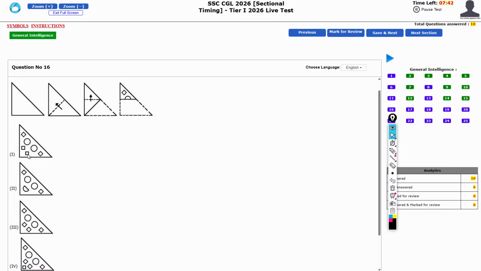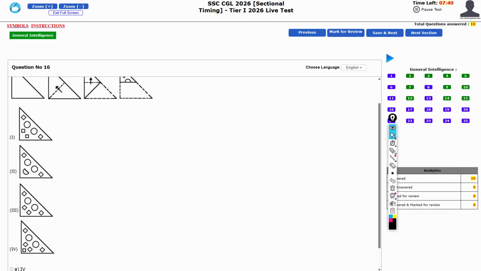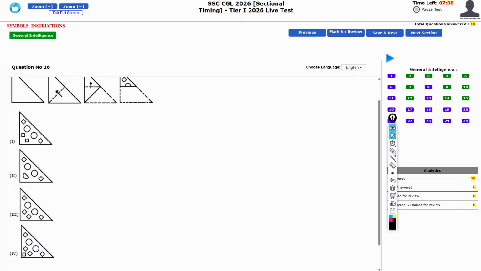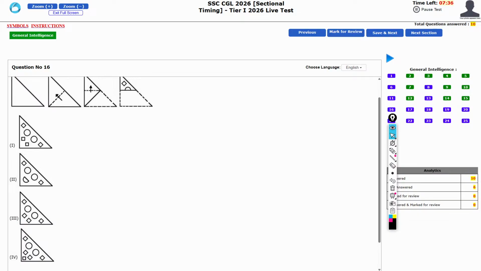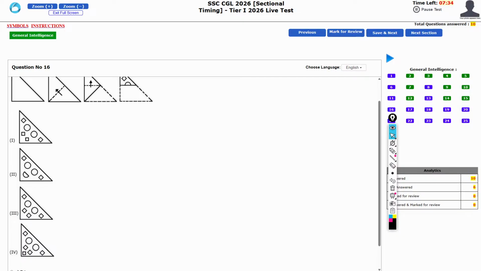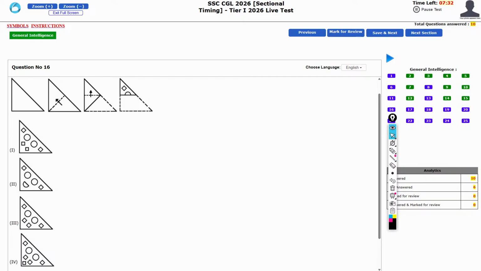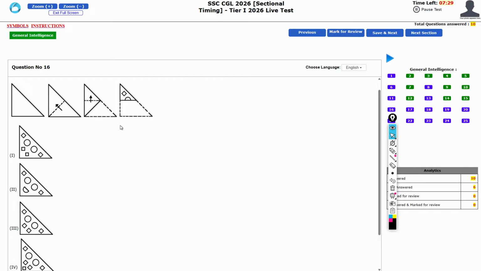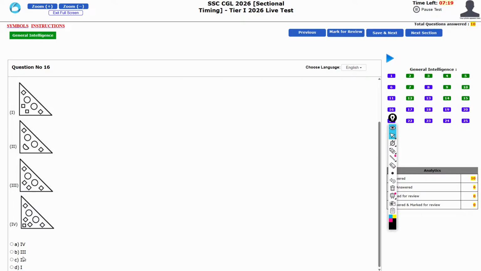Like this, one is all right. 2, I'm not sure about 2 or rather 3. If I open it, it will be like this only. So I don't think this is true. I feel this is more accurate. So 3.